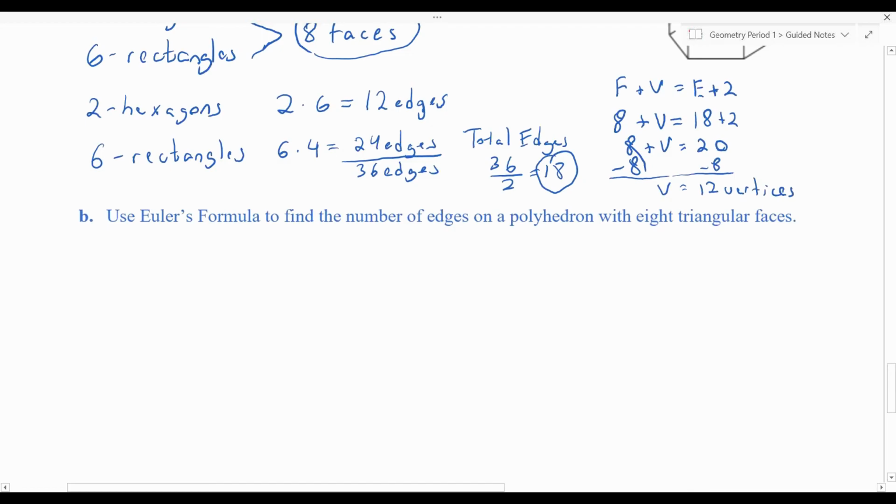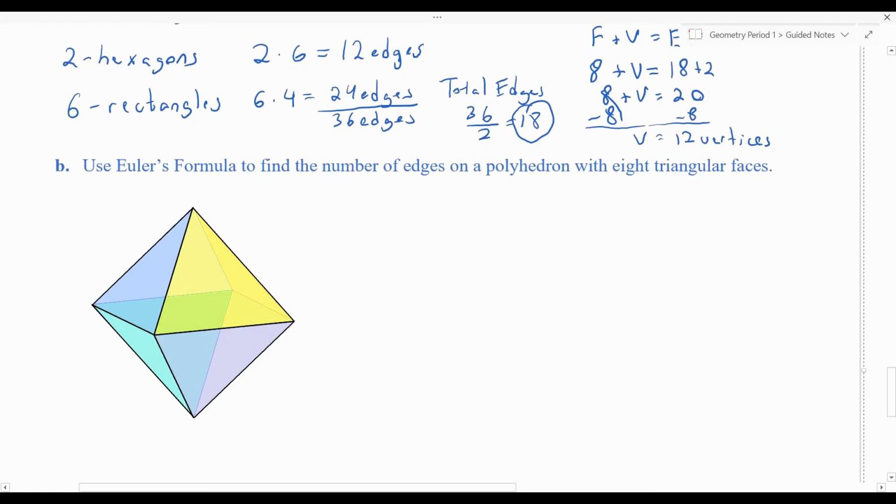One hint before I tell you to pause is you might want to draw the polyhedron. It doesn't have to be pretty, but draw it, and it will help you quite a bit. Good luck. So here we have a polyhedron with 8 triangular faces.